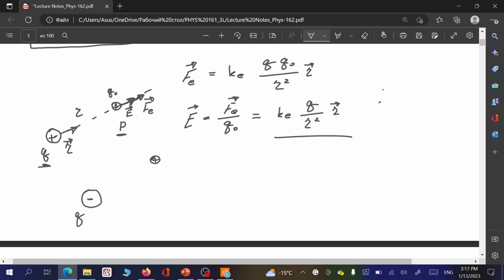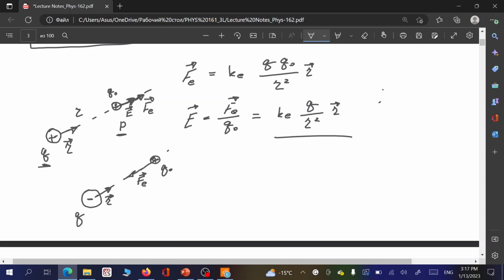This is Q, this is Q naught. And now the electric force will be attractive because these are two different signs of electric charges. So if we draw here a line, this will be our electric force vector, and the unit vector r is the same.